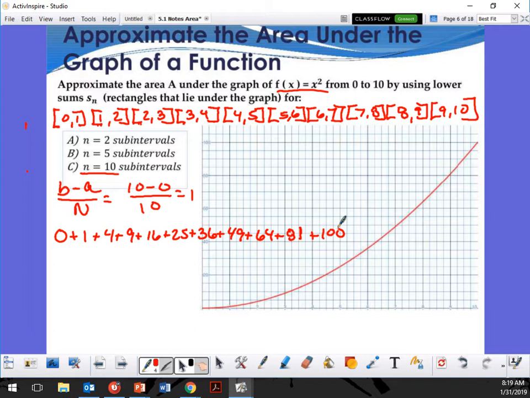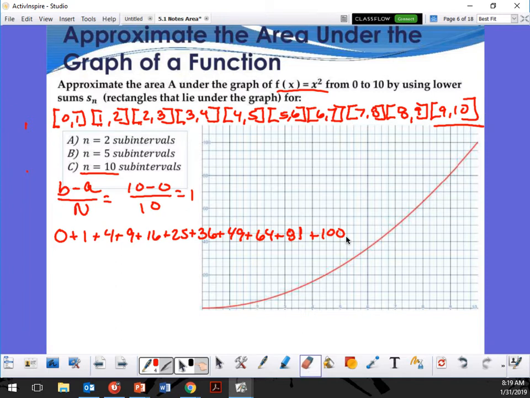On this one, my audience asked, why did I do 10? Is 10 part of my interval? No, it's not. As we're going on this, we always only include the left-hand side. So for the last interval, even though I'm going all the way to 10, I stop at 9.